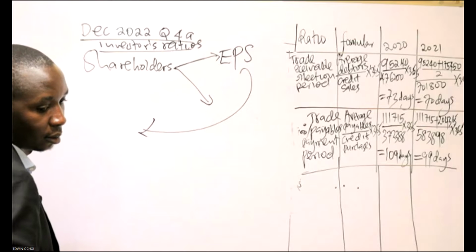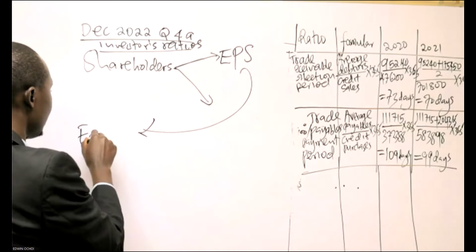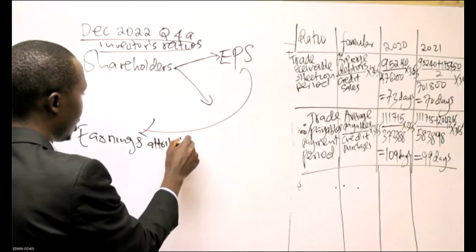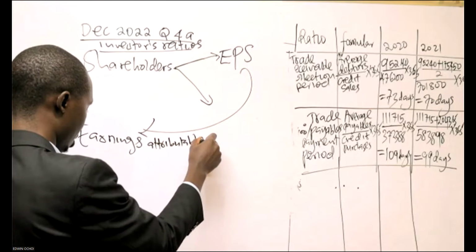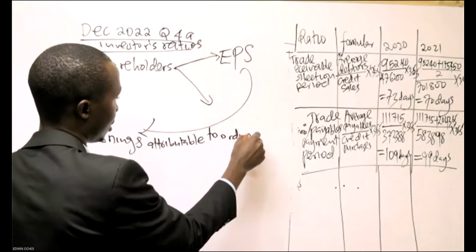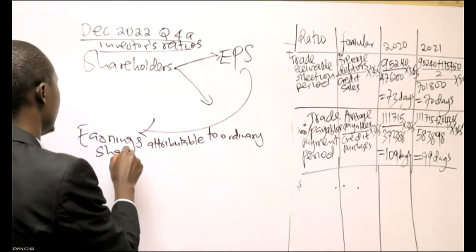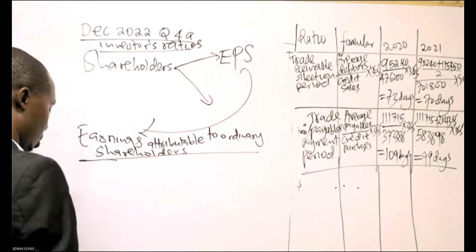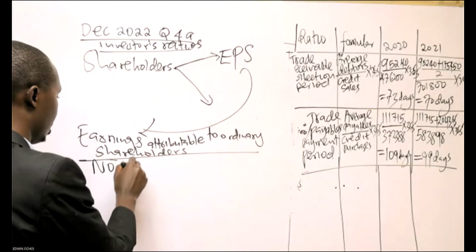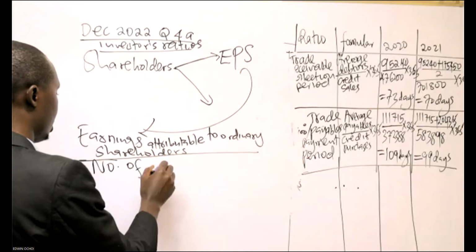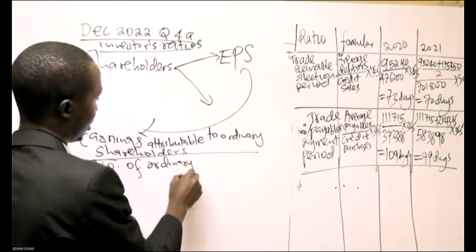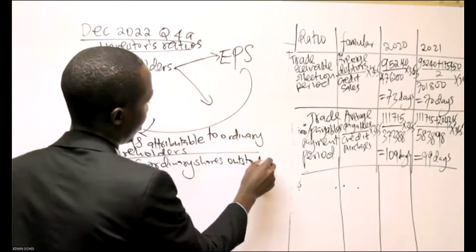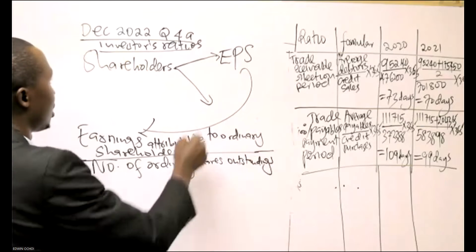EPS is equal to earnings attributable to ordinary shareholders over the total number of ordinary shares, the number of ordinary shares outstanding. So that is the first one.